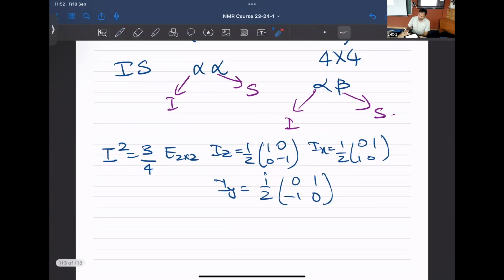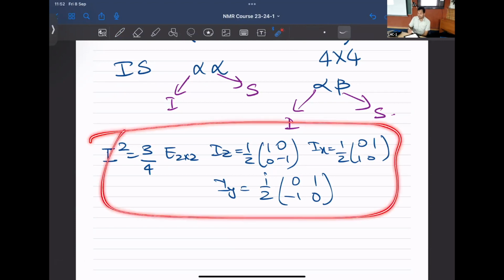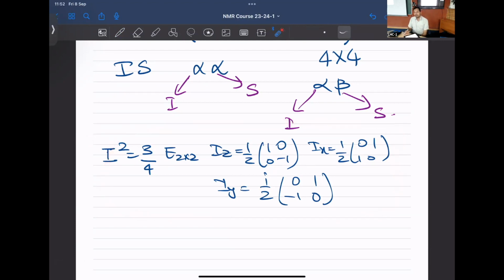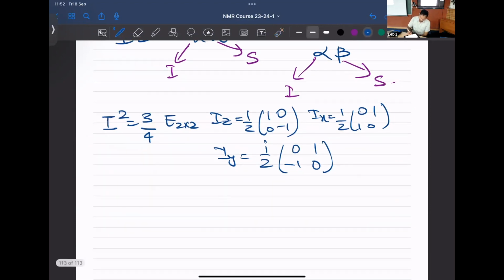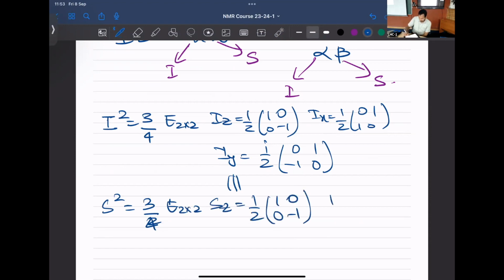But overall, these are the representations for the I spin, all these matrices. Similarly, you can write for the S spin also. And remember, you'll write it exactly the same as the I spin because both are spin half. The Pauli matrices in the eigenbasis of Z do not change for spin half.